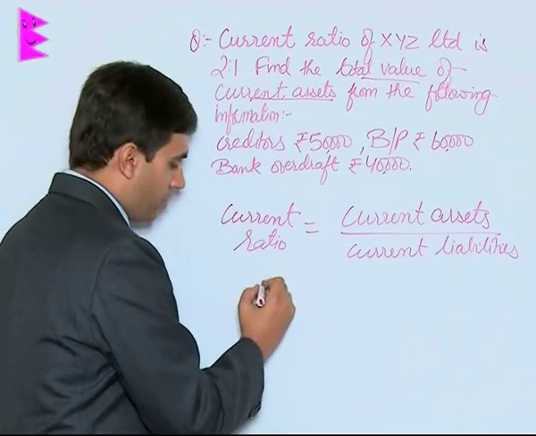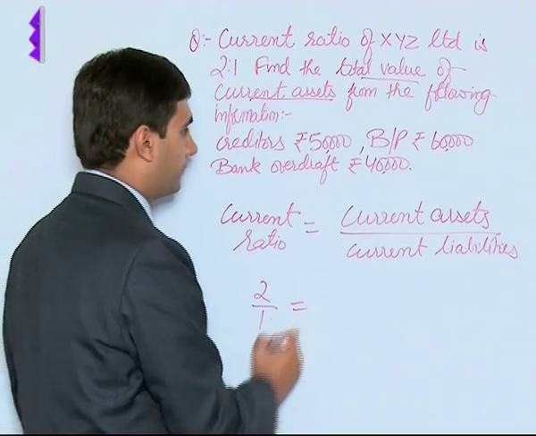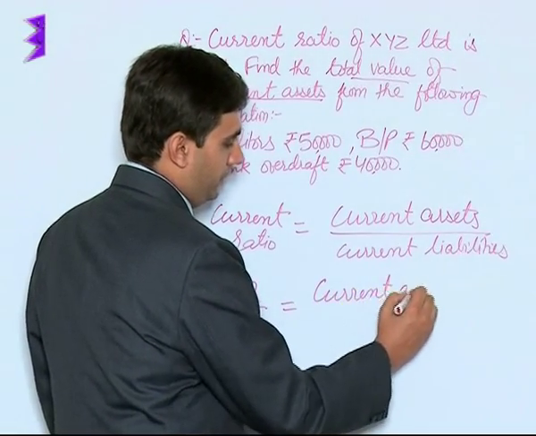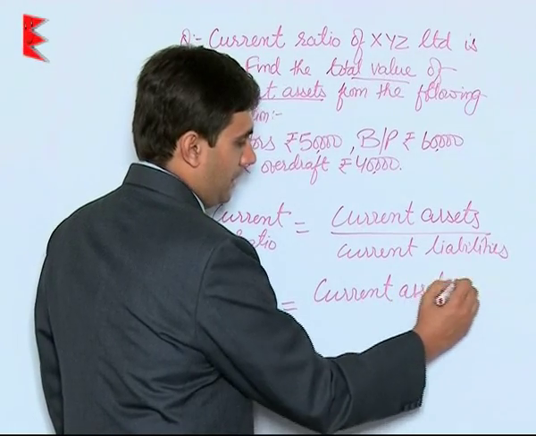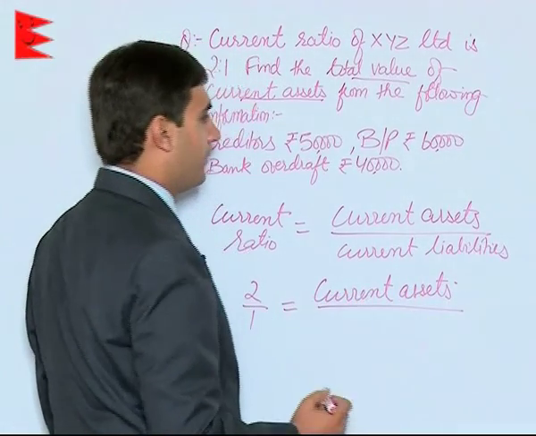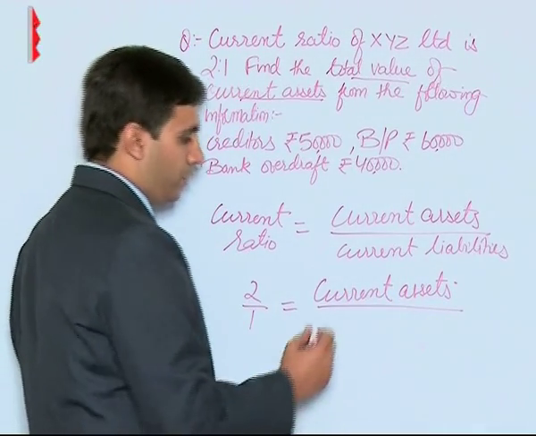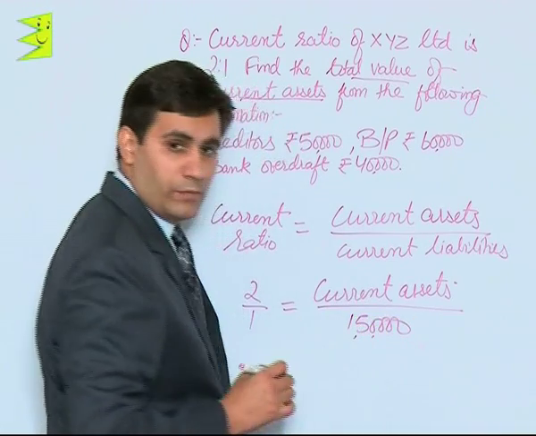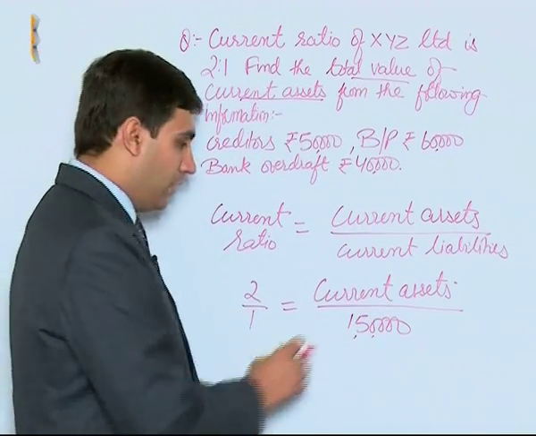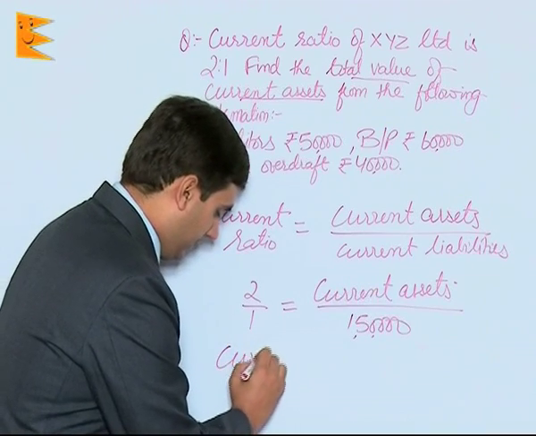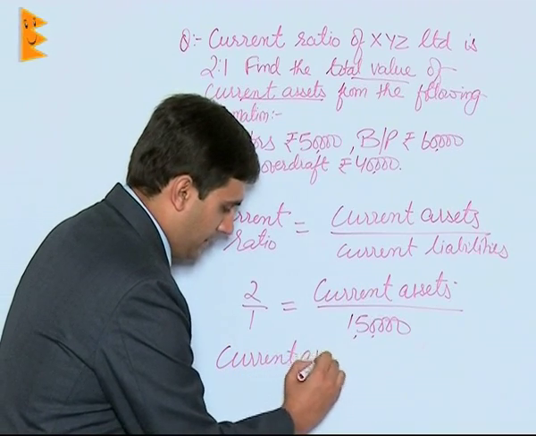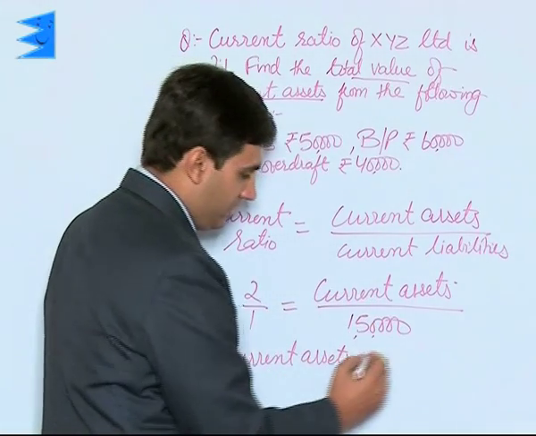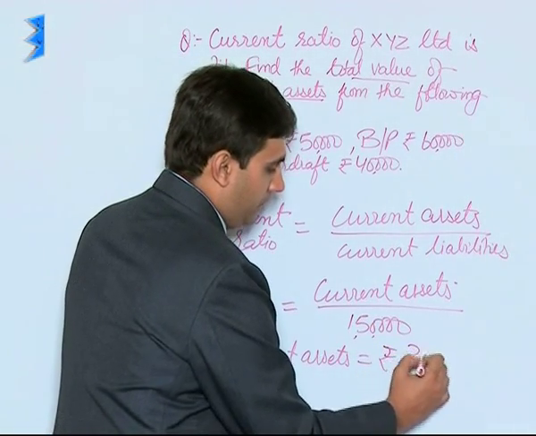In this case, current ratio is given to be 2:1. Current assets we are required to calculate and the current liabilities that we had just calculated were equal to rupees 1,50,000. So now by cross multiplying, we can get current assets as 2 into 1,50,000, which is equal to rupees 3 lakhs.